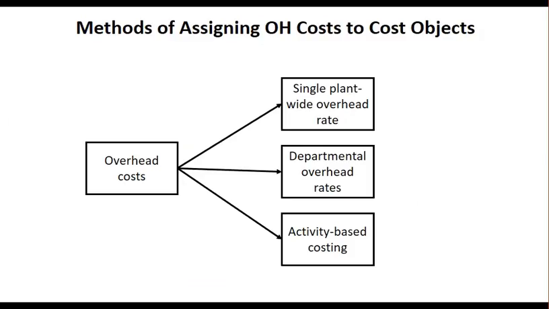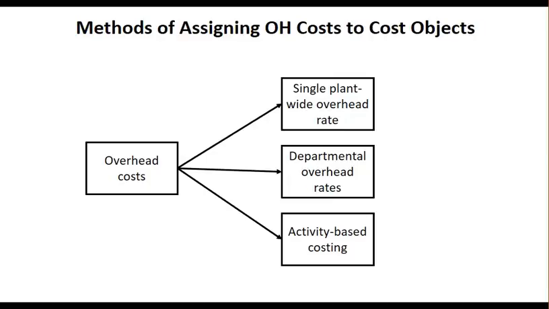Now, there are three major methodologies of allocating overhead costs back to cost objects, and the first one is called the single plant-wide overhead rate, and this has been in American manufacturing the traditional methodology back in the late 1800s, early 1900s.